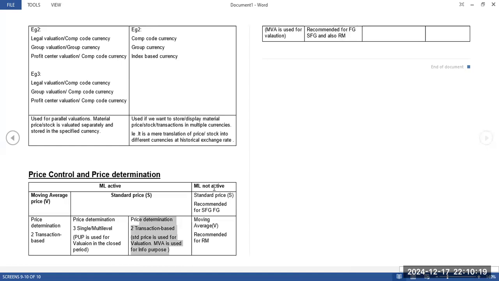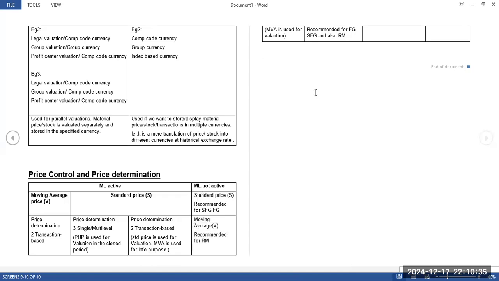Okay. Material ledger is not active. The standard price is recommended for semi-finished goods and finished goods, and moving average is recommended for raw material.